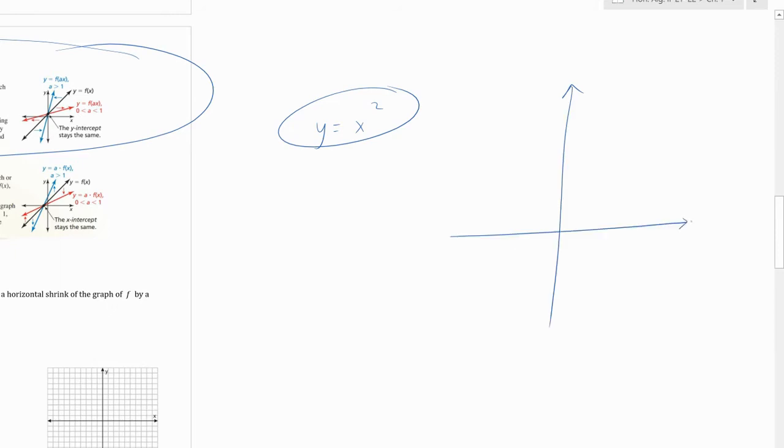So let's just compare one. What will be a good one to use? Let's do one you've never seen before. Let's do x squared. Okay, so if I graph y equals x squared. Zero squared is 0, 1 squared is 1, 2 squared is 4, -1 squared is 1, -2 squared is 4.